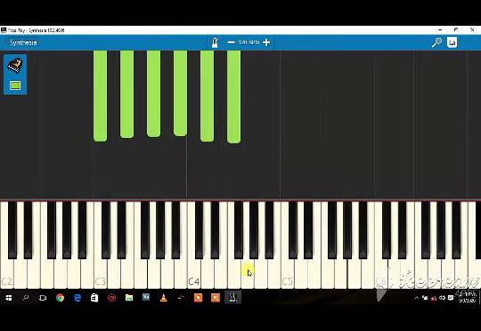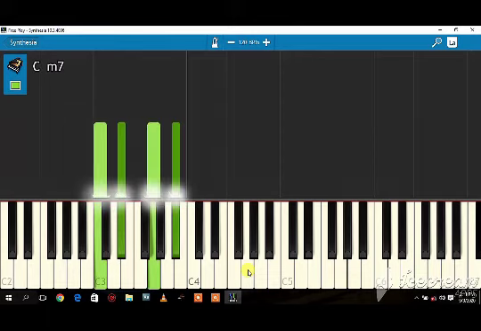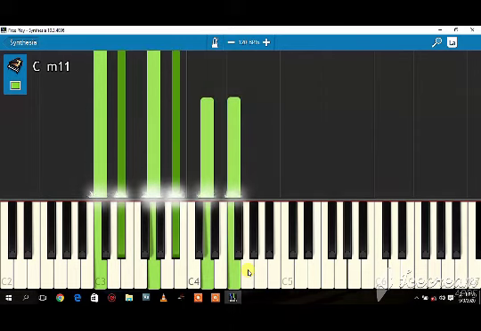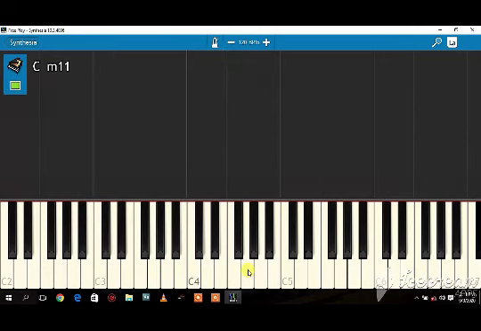So let's look at C minor 11. The C minor 11 chord will just have your 9 and 11 added to your C minor 7 chord. So this is C minor 11. Then we'll move on to the C dominant 11 chord, which is 1, 3, 5, flat 7, 9, and 11.